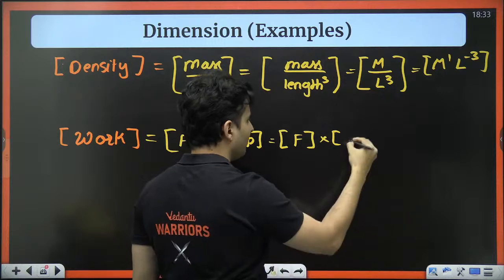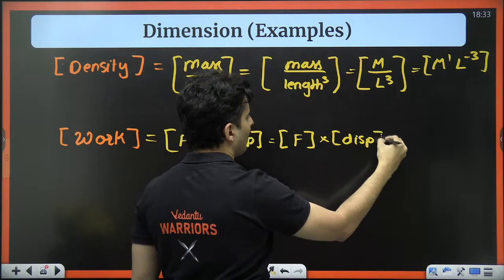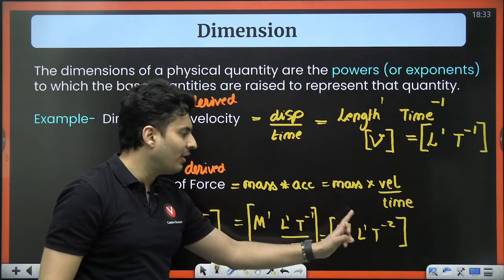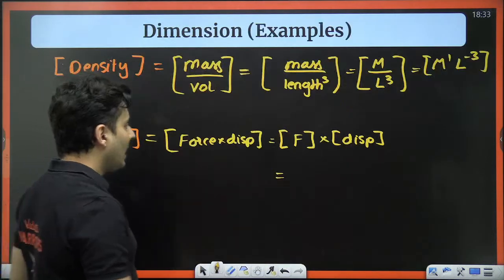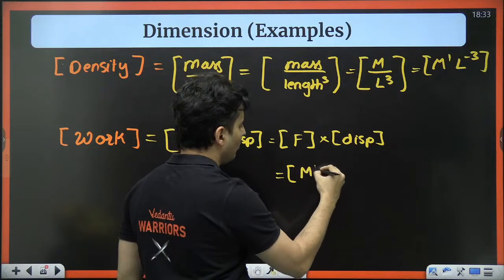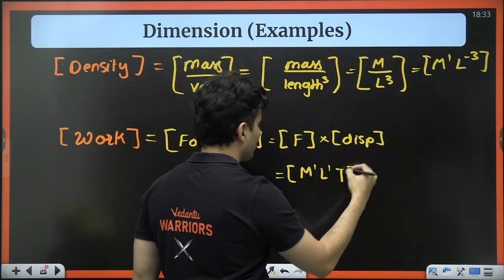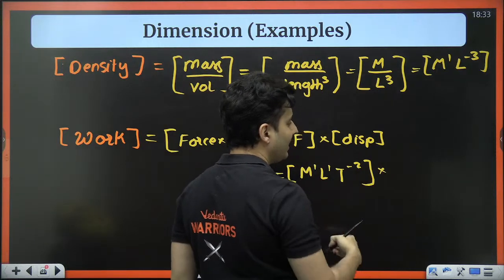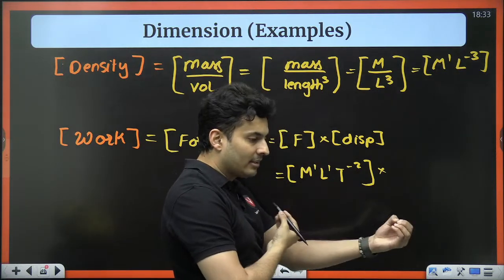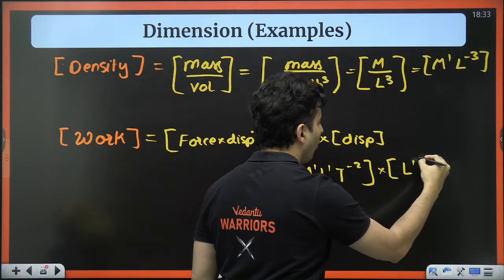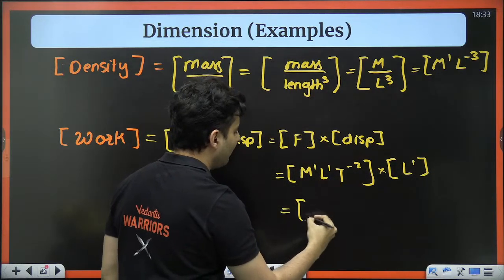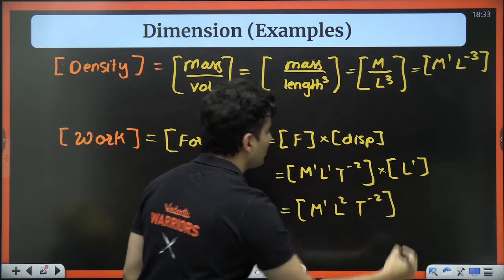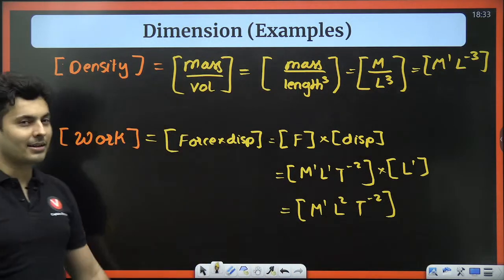The dimension of force from the previous slide was M raised to 1, L raised to 1, T raised to minus 2. The displacement is measured in length, so L raised to 1. Solving this, I get M raised to 1, L raised to 2, T raised to minus 2. That's the dimension of work.